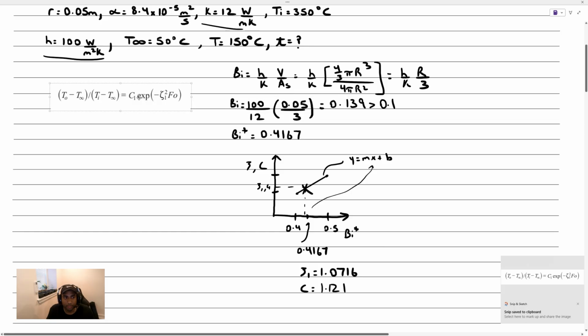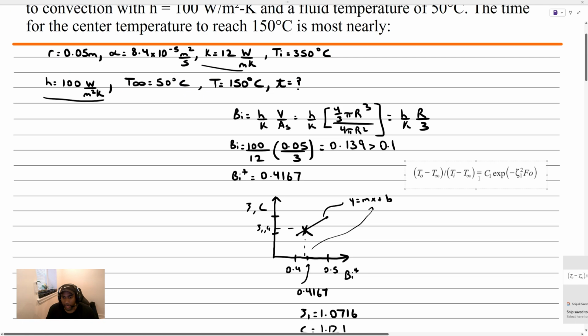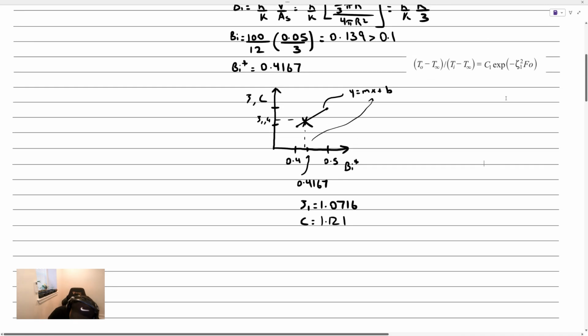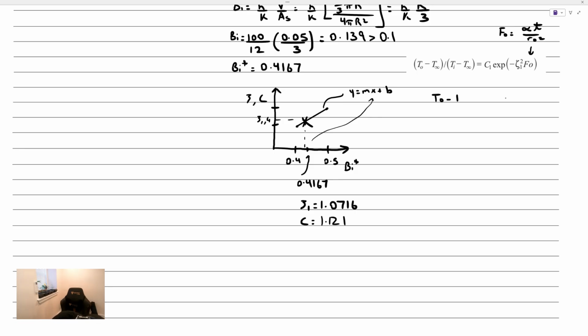Okay. So right here we have some of these values. We know that the Fourier number is alpha t over r naught squared, and we're going to solve for that t term. So the first thing I'm going to do is write down T naught minus T infinity divided by Ti minus T infinity. I'm going to go ahead and multiply that by C1. That's this term right here.